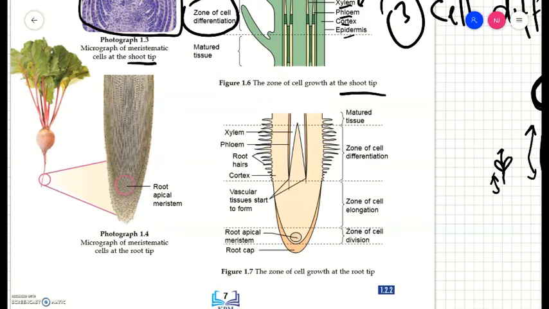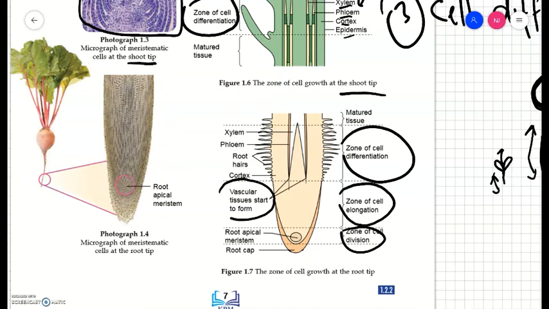Same goes to root apical meristem. Apical meristem has cell division, elongation, differentiation. And then you can notice here that before cell division we have a root cap. Cap ni penutup, penutup di hujung akar tu. We call it root cap. And then root apical meristem. During zone elongation, the vascular tissue starts to form.